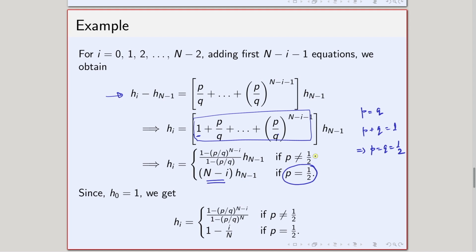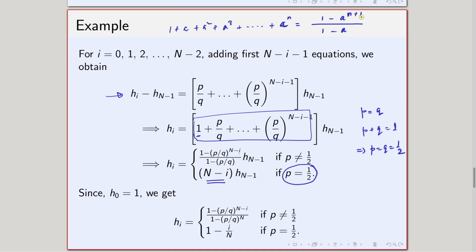And when P is not equal to half, what did we get? If P is not equal to half, we got this quantity, and this comes from the geometric sum. So we know that if I have a, a square, a cube, and so on up to a to the power n, that sum is nothing but 1 minus a in the denominator and 1 minus a to the power n plus 1 in the numerator.